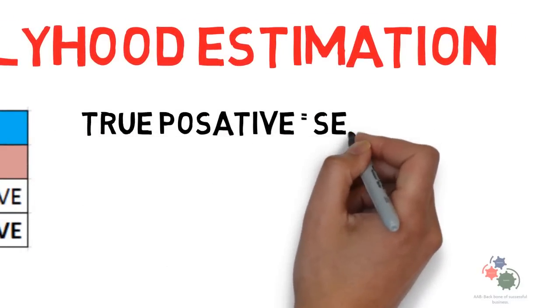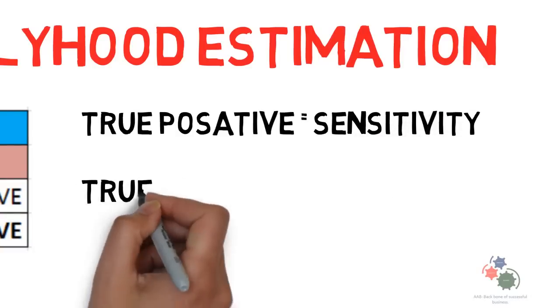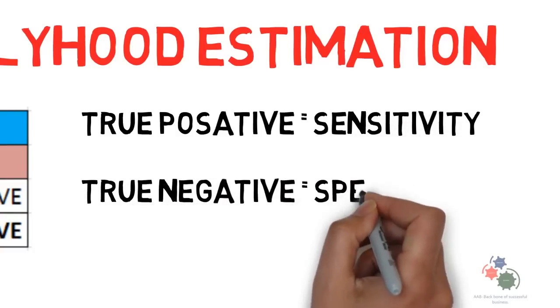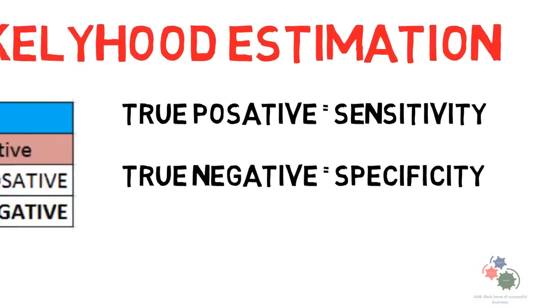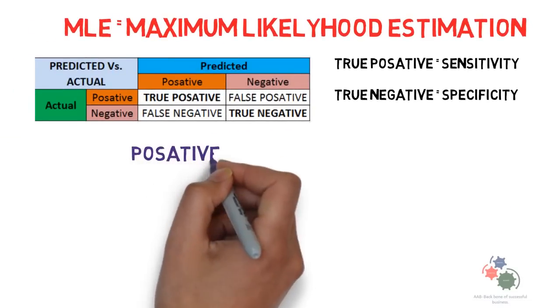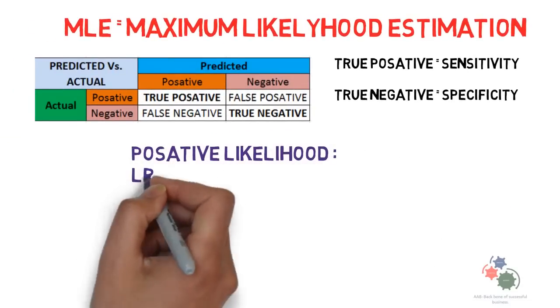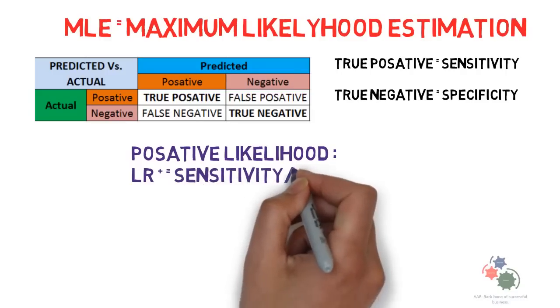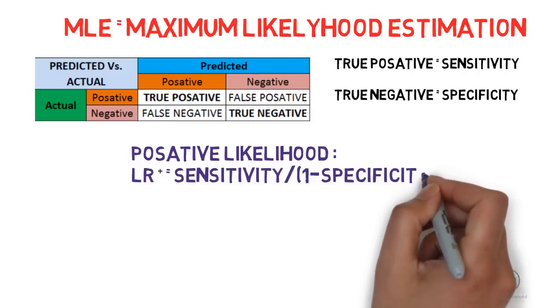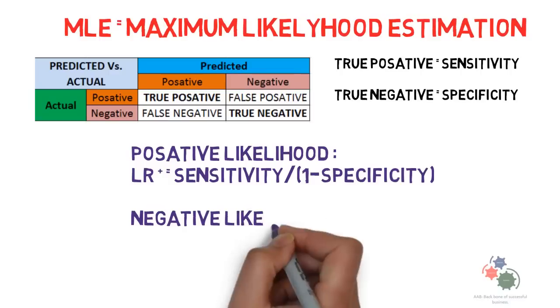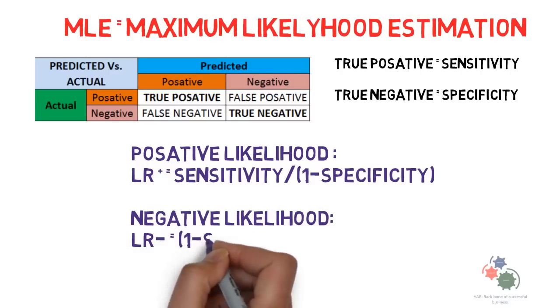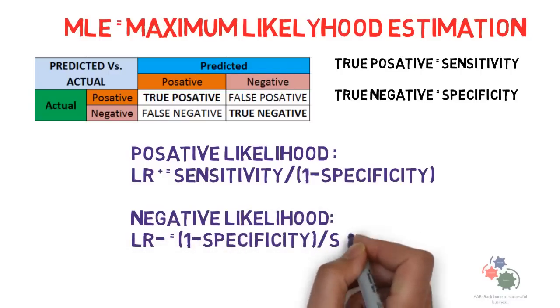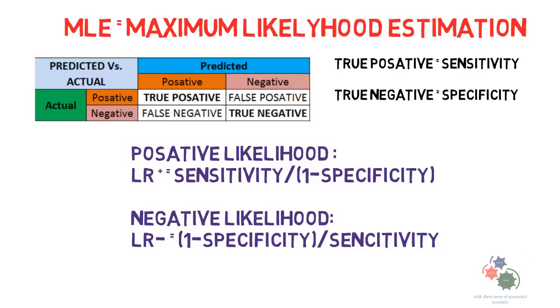On the other side, true negative rate is called specificity. By using this concept, we can understand likelihood ratio. Positive likelihood ratio, positive LR, is equal to sensitivity by 1 minus specificity, and negative likelihood ratio, negative LR, is equal to 1 minus sensitivity by specificity.